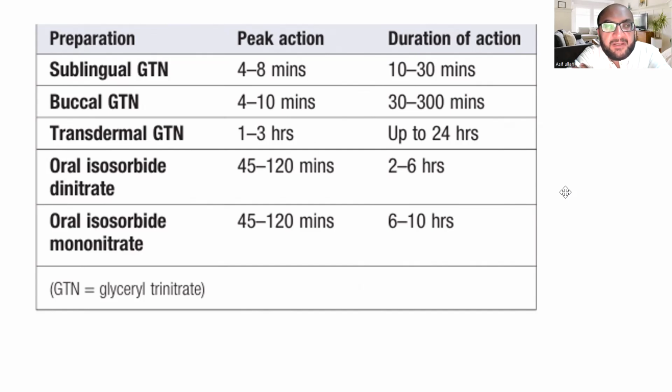Oral isosorbide dinitrate, 45 to 120 minutes, 2 to 6 hours. And oral isosorbide mononitrate, peak action is 45 to 120 minutes and duration of action is 6 to 10 hours. So the most rapid for peak action is sublingual glyceryl trinitrate.